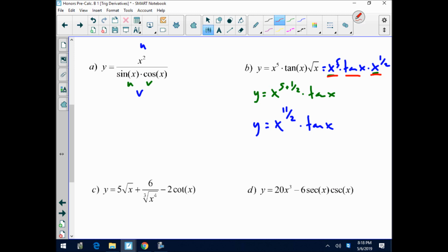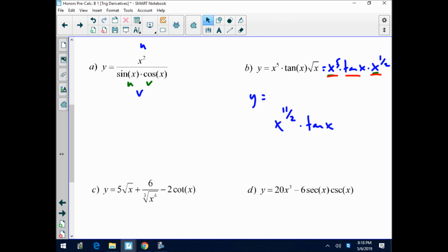But for right now, we'll go ahead and say that we can rewrite our b function as y equals x to the 11/2 times tan x. And we'll go ahead and attack it as a product rule like that.